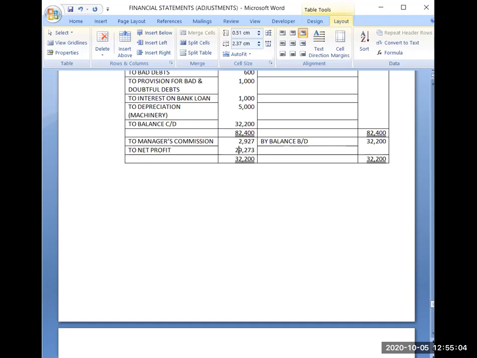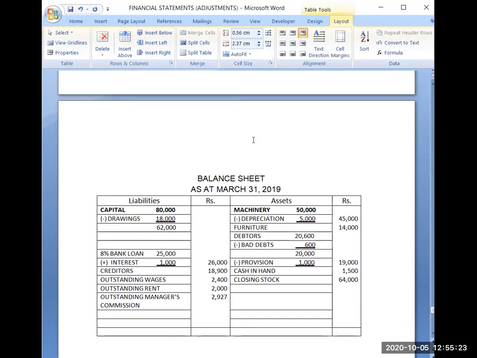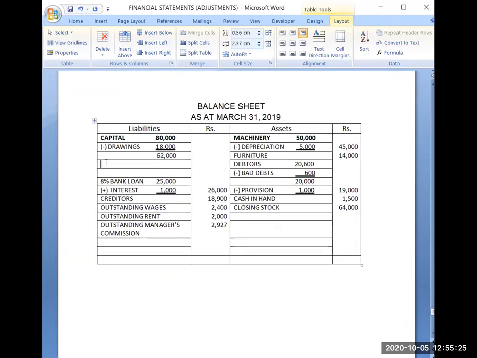After charging manager commission, your net profit is 29,273. Now if you will calculate 10% of it, it will come to 2,927.3. Now you can check that 10% of it is coming as manager commission. So that question was saying that, and I have done it in this manner. Now this profit will be added in the capital here.